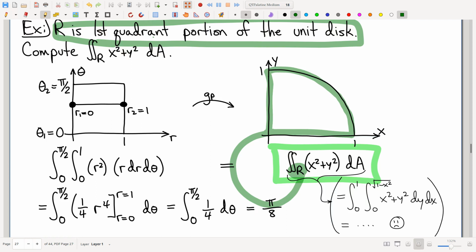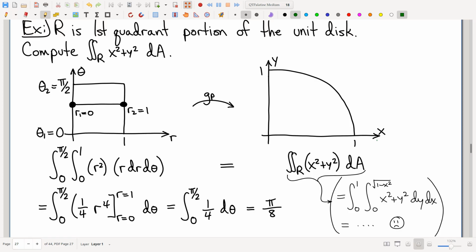Okay. All right, so no fun there. So I claim, though, and this is a pretty cool observation, I claim that is exactly the image of this rectangle right here by way of the polar coordinates change of variables function.